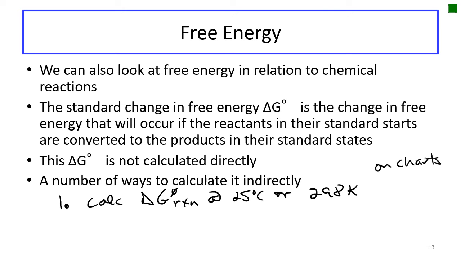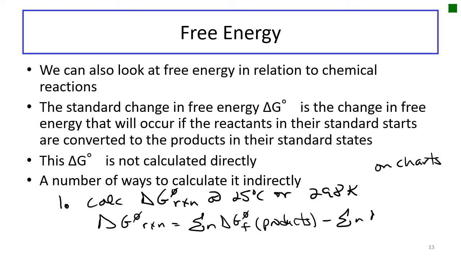If we simply want the change in the Gibbs free energy for a reaction, the delta G naught for the reaction is going to be the sum times the number of moles of the delta G naughts of formation of products minus the sum times the number of moles of the delta G naughts of formation of the reactants. Now, like delta H, delta G naught of formation of an element is defined to be 0. It's a choice and it's a comparison point when we're looking at our Gibbs free energies.